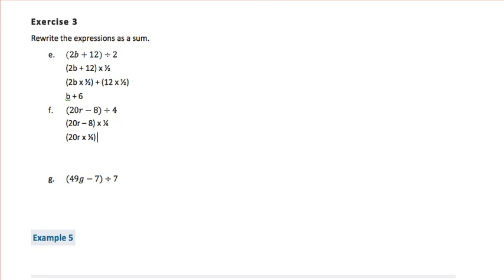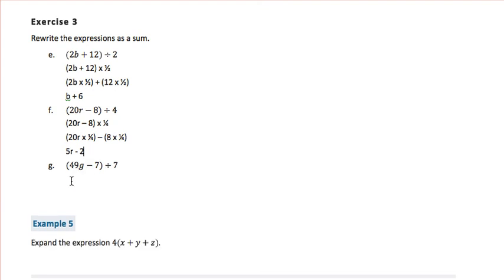Oh, this is subtraction, minus 8 times 1/4. Solve those parentheses first. 20r times 1/4 is 5r. Minus, don't lose track of your sign, 8 times 1/4, which is 2.